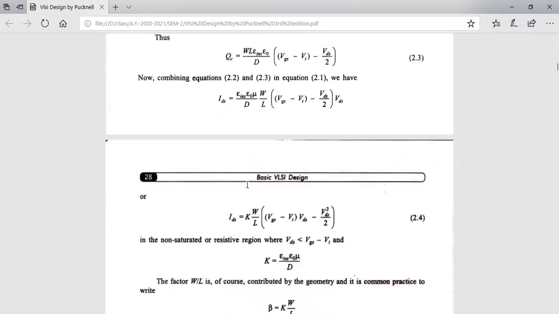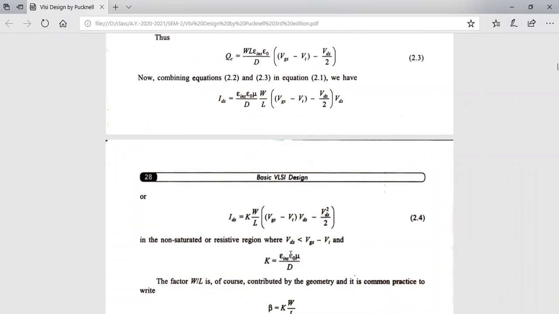We can further write the same thing with the total kept as some constant K. K you can think of as epsilon naught into epsilon INS into mu divided by D. These things will be almost the same. I said in the previous discussions, in the fabrication process of NMOSFETs or PMOSFETs, the thickness of the silicon dioxide is generally around 0.1 micrometer.